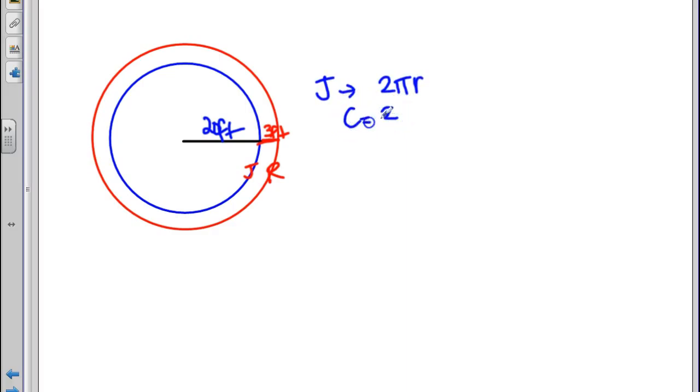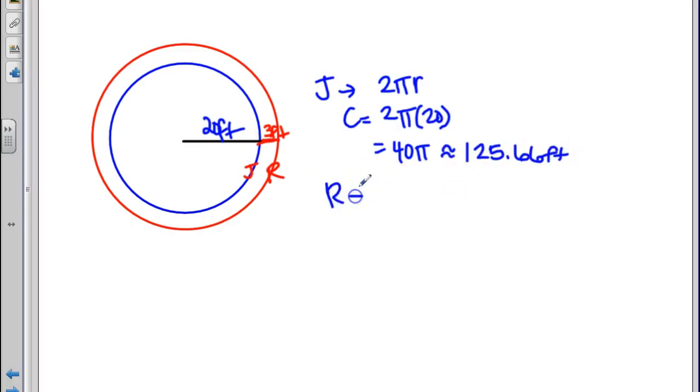So the circumference is 2 pi times 20, or 40 pi. And let's go ahead and get a number for that. So 40 times pi is about 125.66 feet.